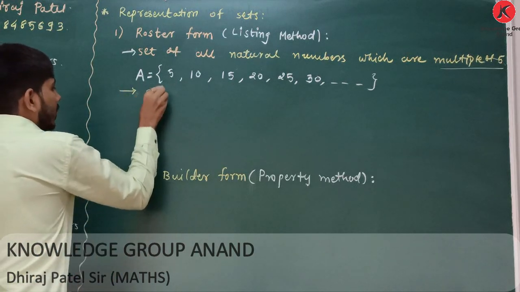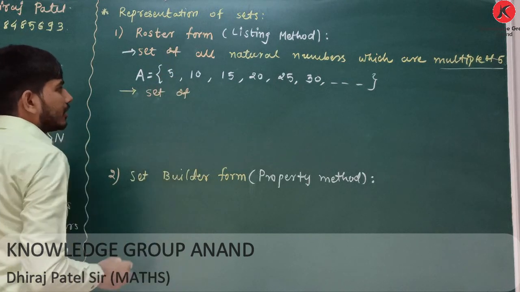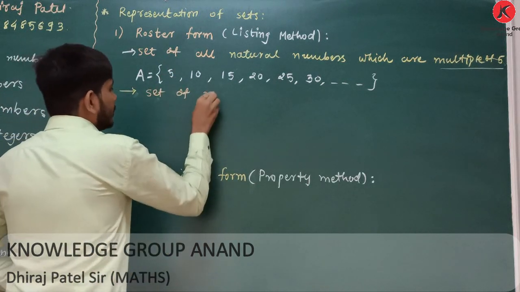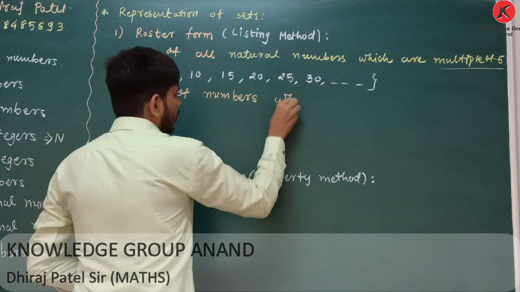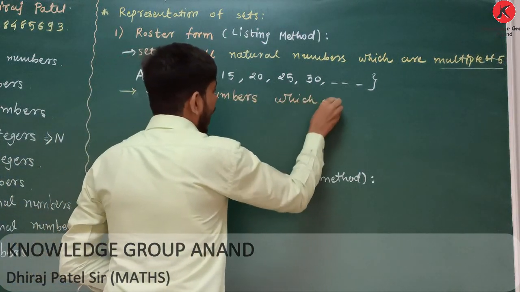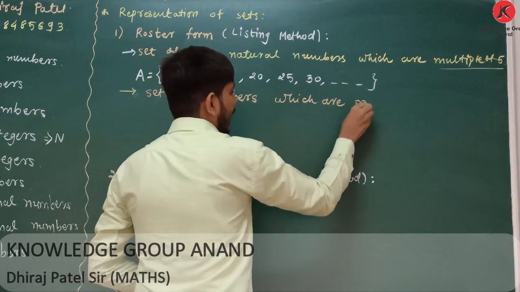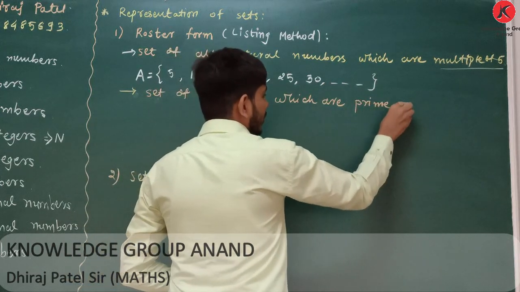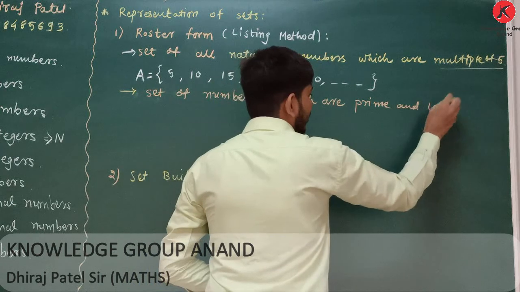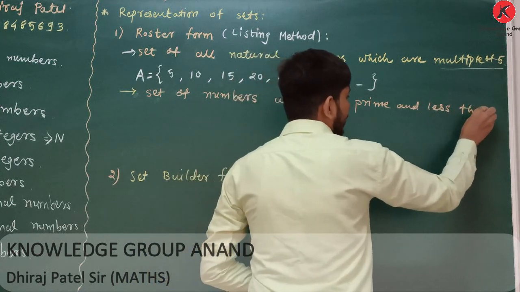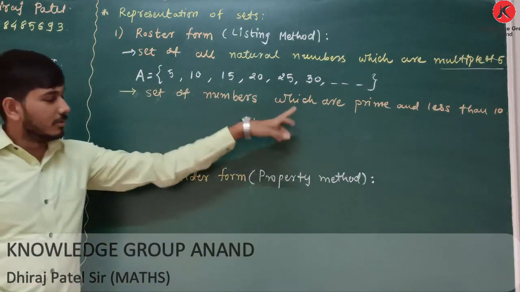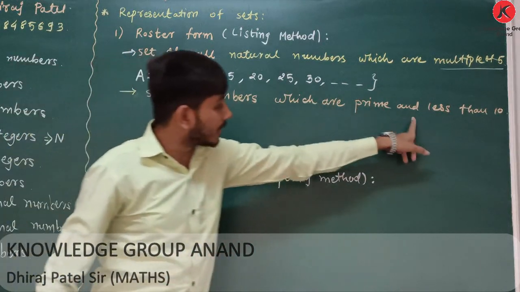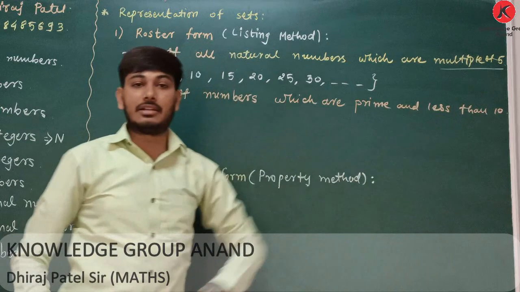Set of numbers which are prime and less than 10.